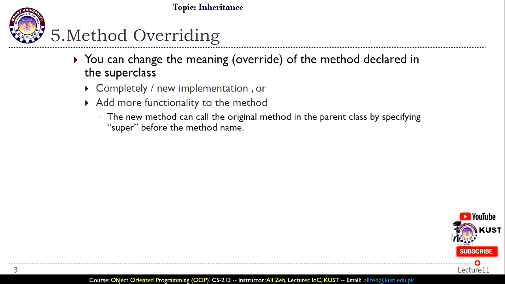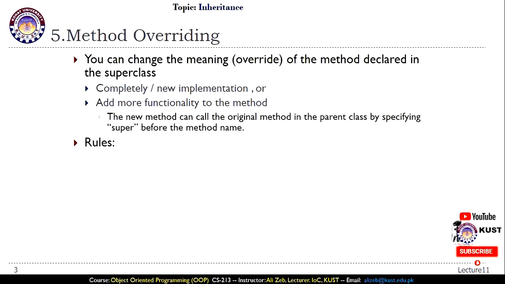So what happens is that when we override a method and we want to add to the functionality of the method, we can call the superclass's method inside the overridden method by using the super keyword. And we will see this in the examples in this video and in the upcoming videos as well.